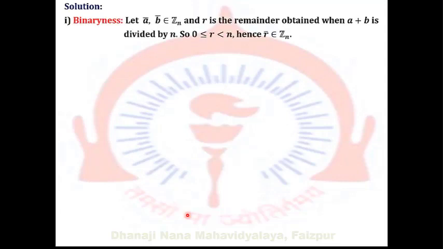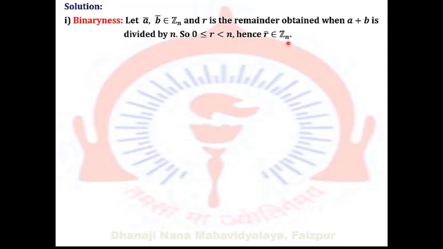So solution. So for closure, let a bar and b bar be two elements in Zn, and r is the remainder obtained when a plus b is divided by n. So since r is the remainder when we divide a plus b by n, so we have 0 is less than or equal to r, which is strictly less than n.